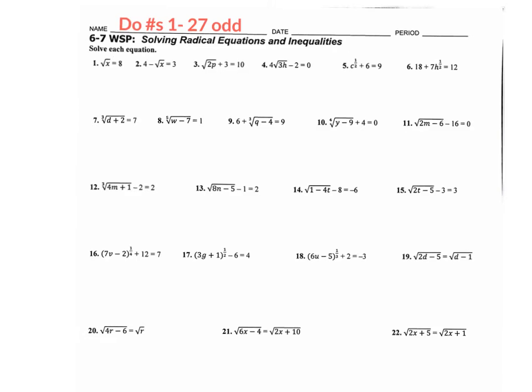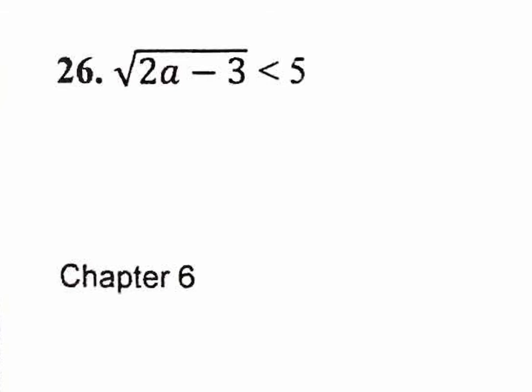This is what we're going to be doing for homework, 1 through 27 odd. Let's jump to inequalities, the ones we were just doing right now. Let me pick one that's kind of weird, like number 26. It's an inequality, so it is an even root. So I know that I need this to be positive.